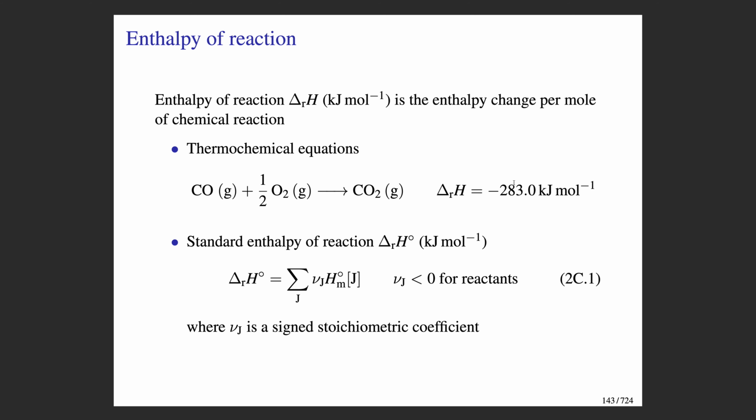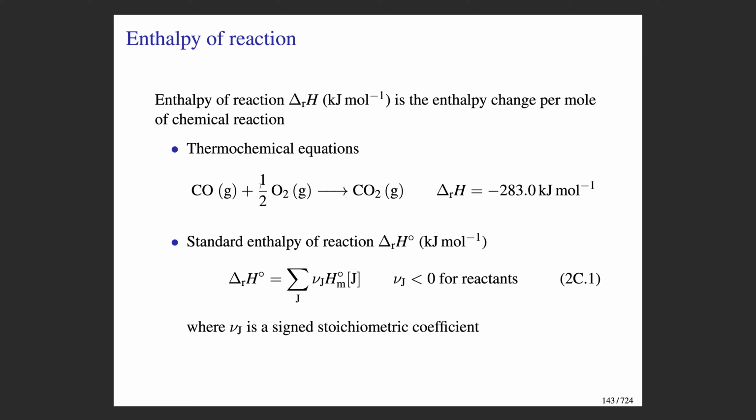Conceptually, we can think of the enthalpy change for a reaction as a difference between the enthalpy of the products and the enthalpy of the reactants weighted by their signed stoichiometric coefficients. So in this notation here, we're doing a sum over all of the chemical species in the reaction. We use a minus sign for the reactants. That's what I meant by a signed stoichiometric coefficient. So the coefficient for carbon monoxide would be -1.